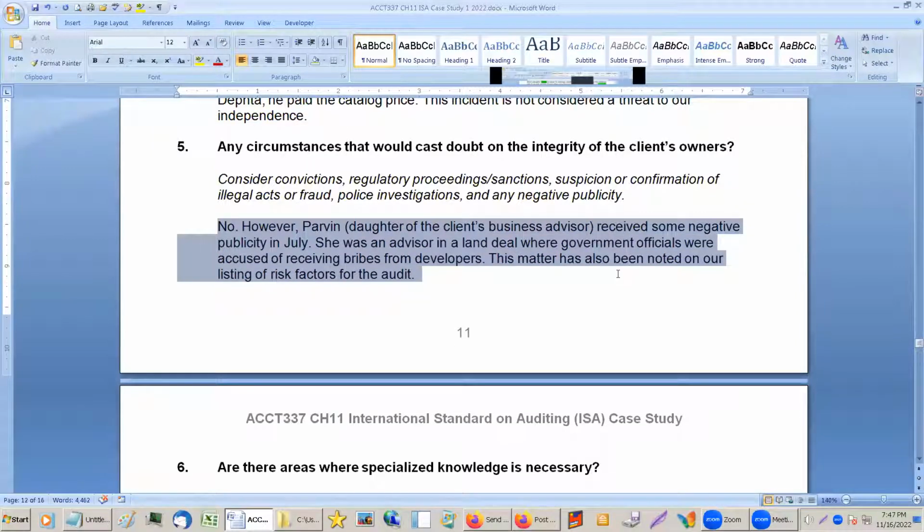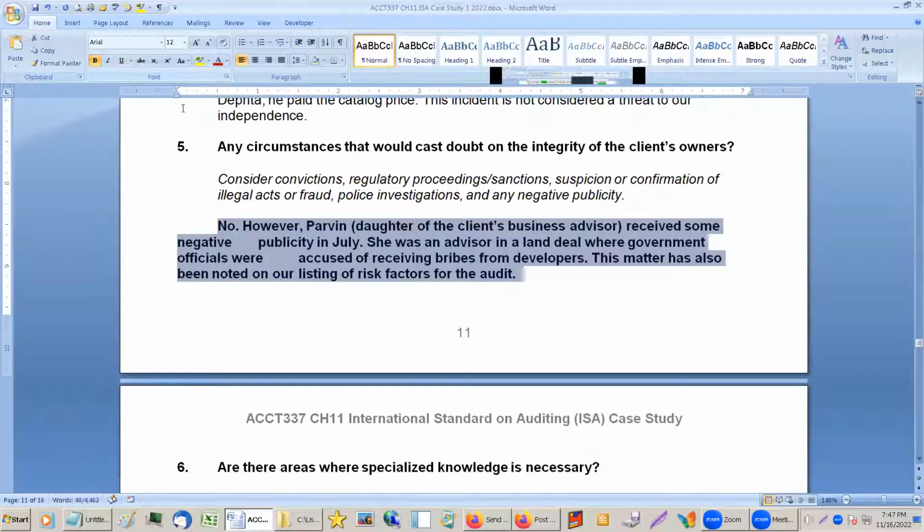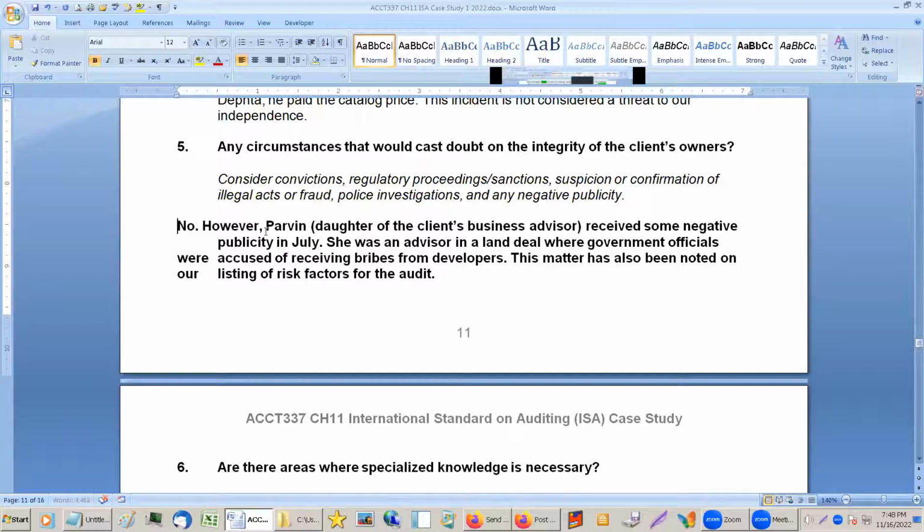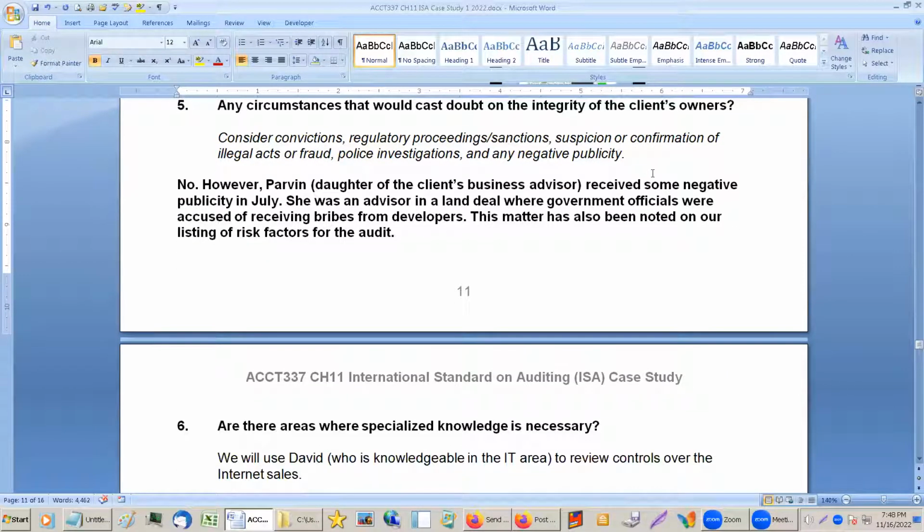For instance, here's one of the things that was in the case: the daughter of the lawyer was an advisor on a land deal in which officials were accused of receiving bribes from the developers.